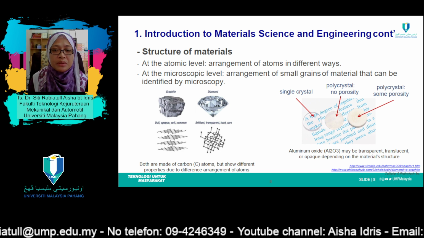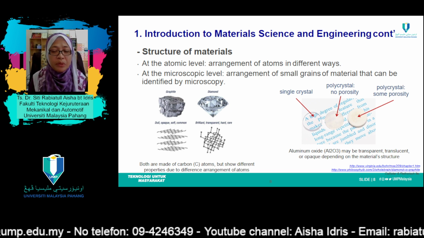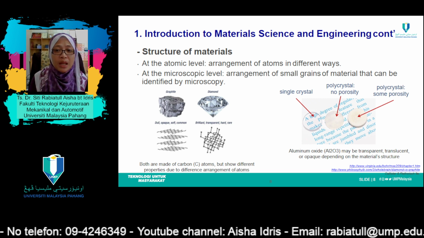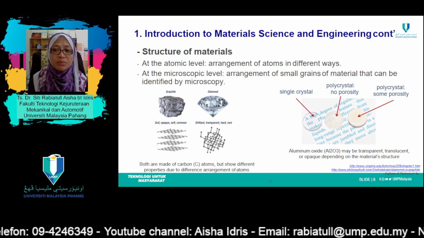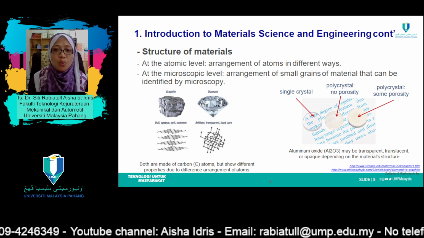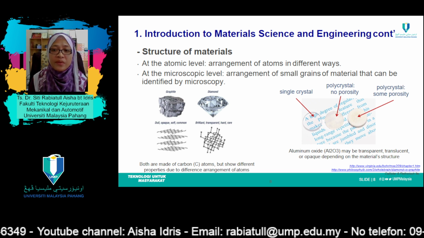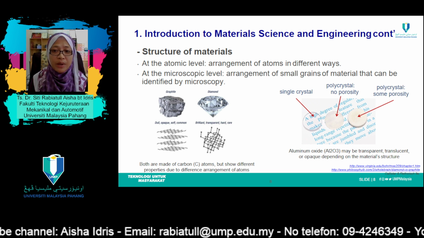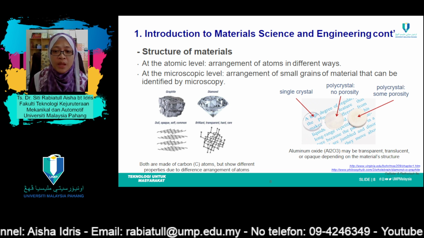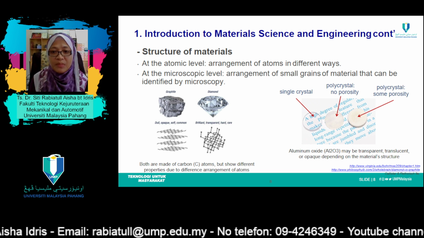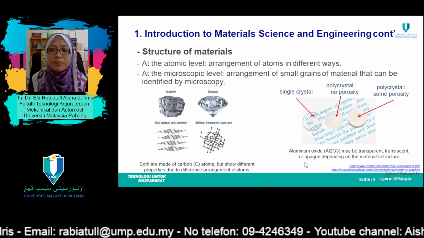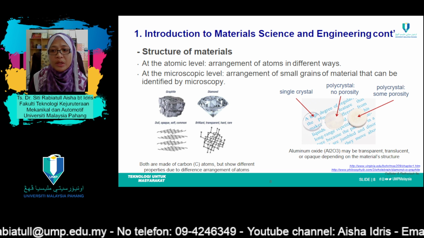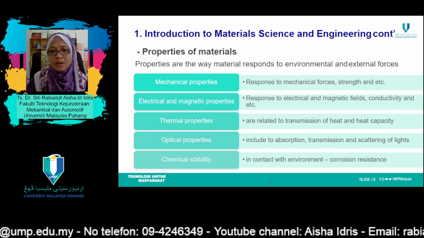Different types of materials have different structures at the atomic level or microscopic level. Atomic level refers to the arrangement of atoms in different ways, whereas microscopic level refers to the arrangement of small grains of materials that can be identified by microscopy, for example carbon atoms or aluminum oxide structure like single crystal, polycrystal, and so on.